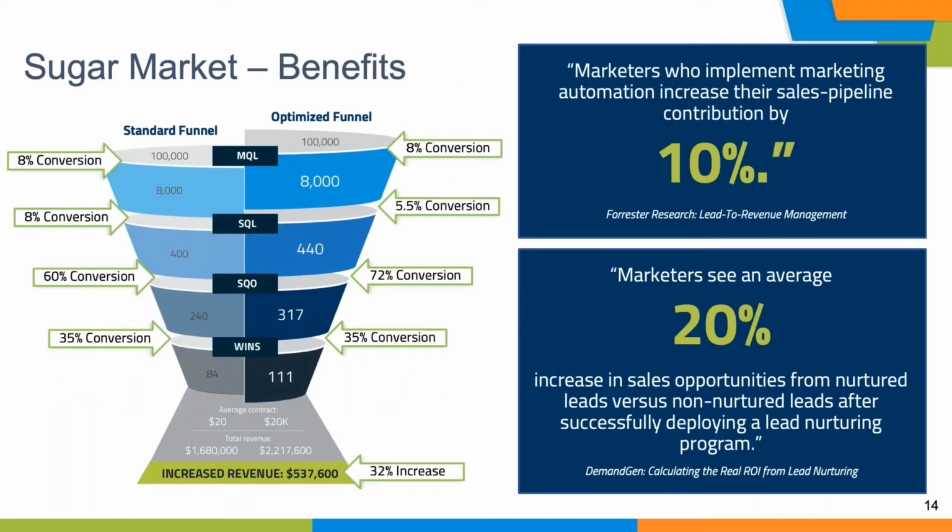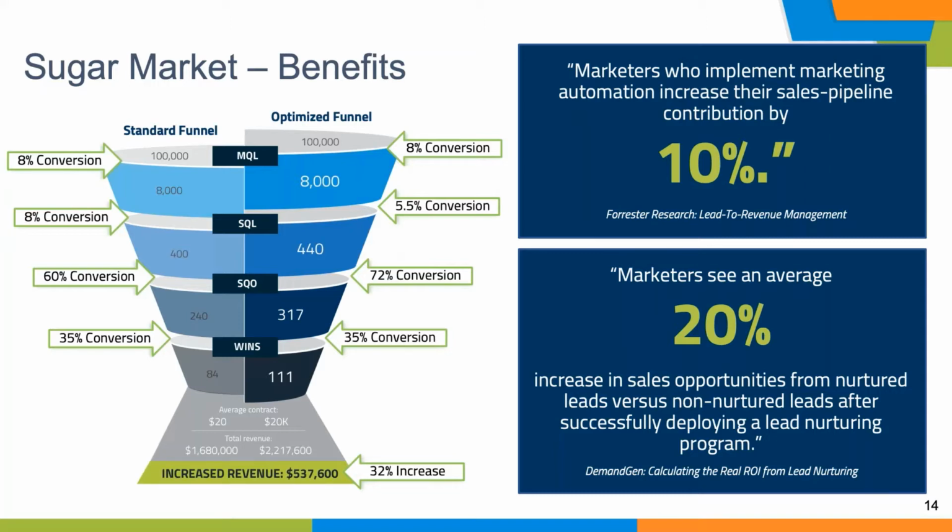In terms of benefits for Sugar Market, it really comes down to optimizing the pipeline. If you can improve the conversion rates at each stage in the pipeline, and even just reach incremental improvements in conversion rates, you can achieve really impactful results in terms of revenue.